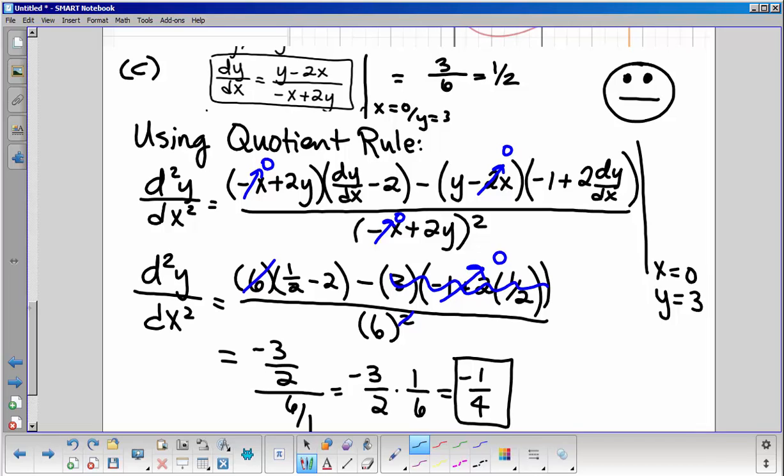So they're not asking you for the second derivative simplified, they're asking you for the rate of change of it at a point. So you can plug it in and not go crazy. But I bet the majority of the population had this expression and thought, oh my gosh, I've got to plug that in, because they didn't have a teacher like me.